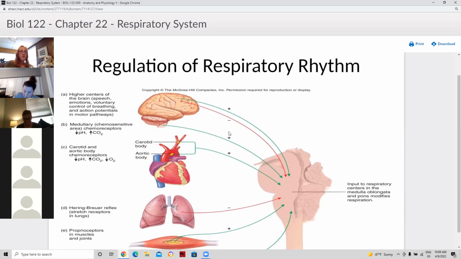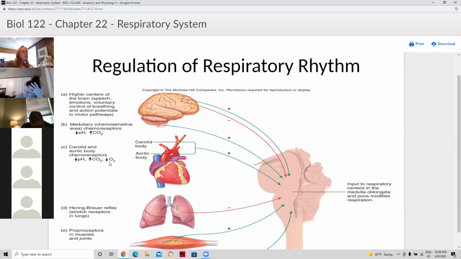So regulating respiratory rhythm, the different factors that are involved. Higher centers of the brain involving speech, emotions, voluntary control, breathing, and action potentials can affect the respiratory rhythm. Medullary chemoreceptors, these are your central chemoreceptors, are affected by pH and carbon dioxide levels.